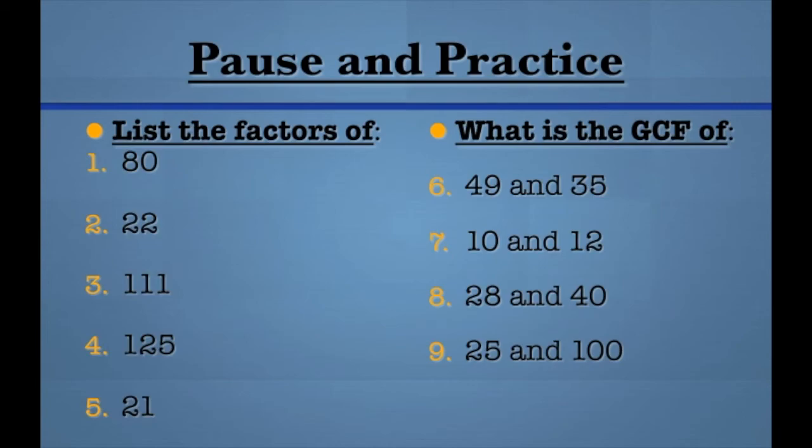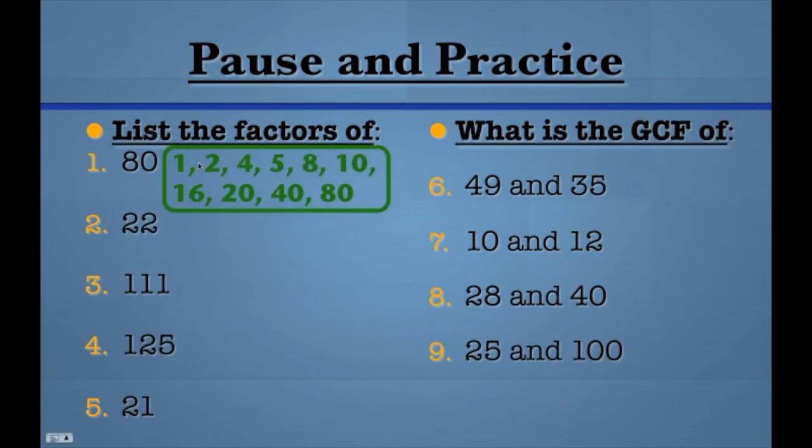So let's take a look at our answers. Number 1. The factors for 80 are 1, 2, 4, 5, 8, 10, 16, 20, 40, and 80. Number 2. The factors for 22 are 1, 2, 11, and 22. Number 3.